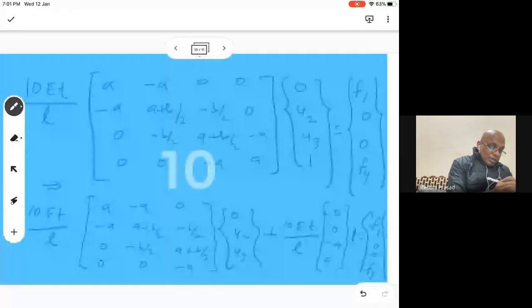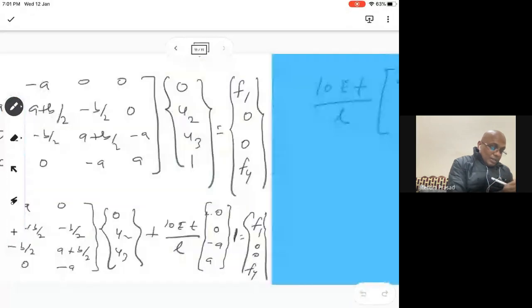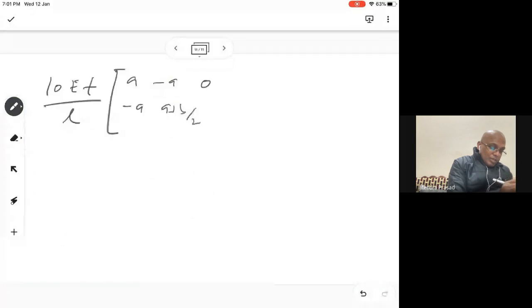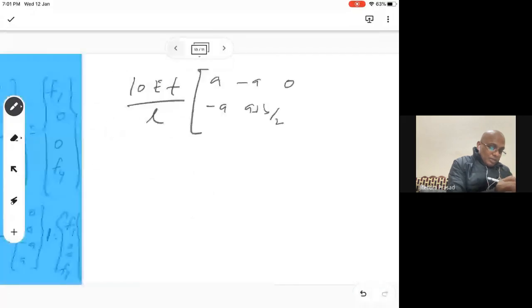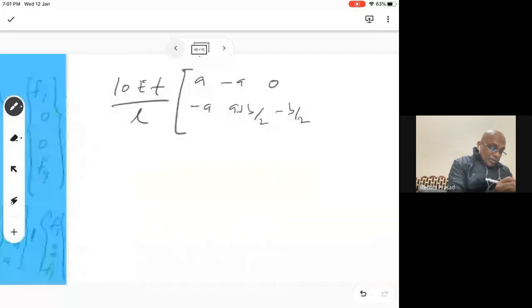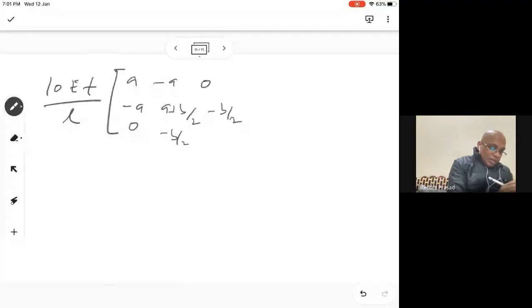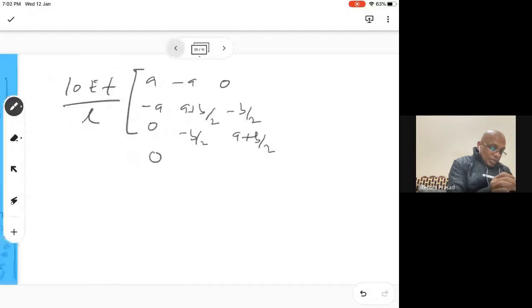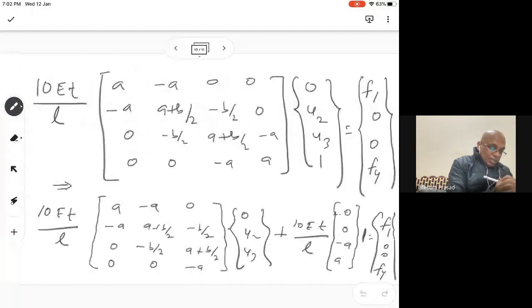Then we have minus A plus B over 2, then minus B over 2, then 0 minus B over 2, A plus B over 2, then we have 0, 0 minus A, right?